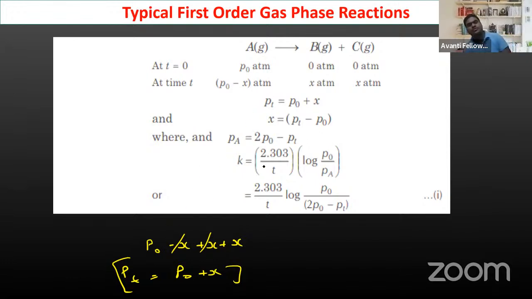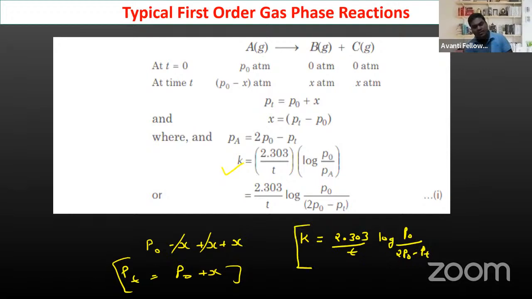Now, PA is equal to 2 P naught minus Pt. Just put the value in K, so we'll write K is equal to this. Then we get the formula. So this formula is very, very important. That is K is equal to 2.303 upon t, log P naught upon 2 P naught minus Pt.